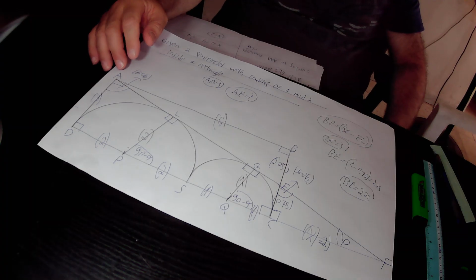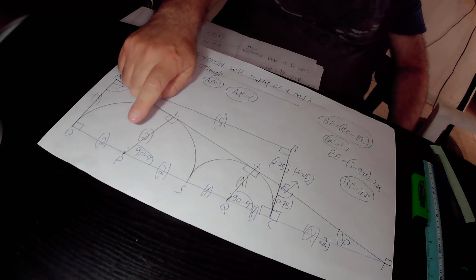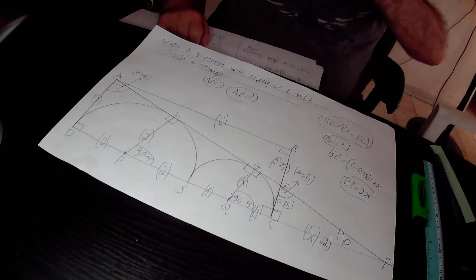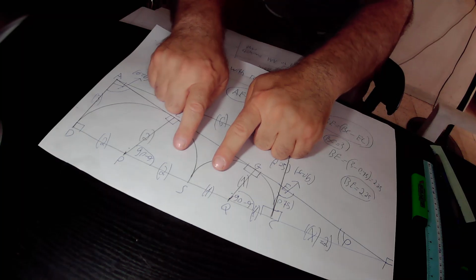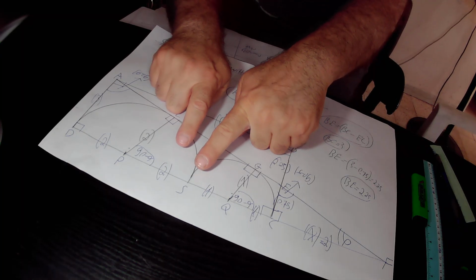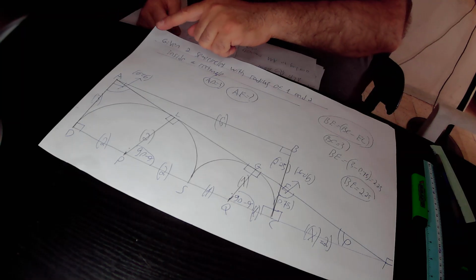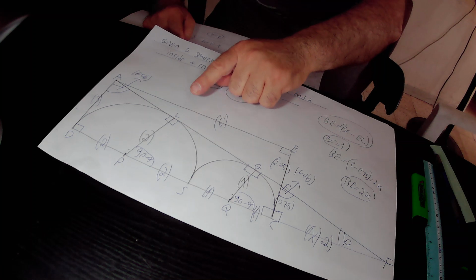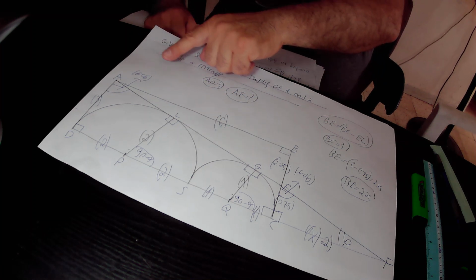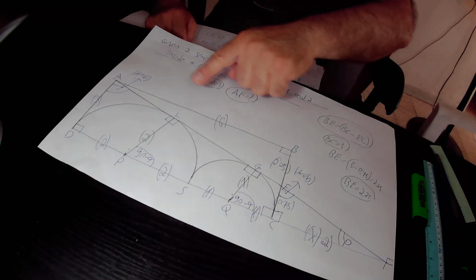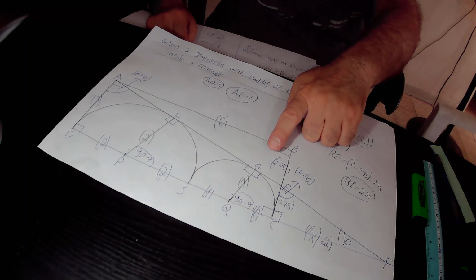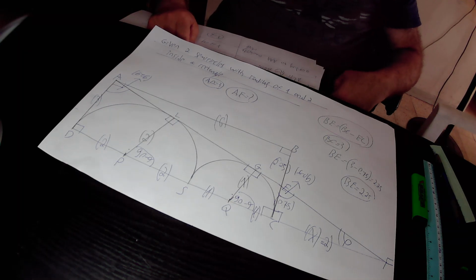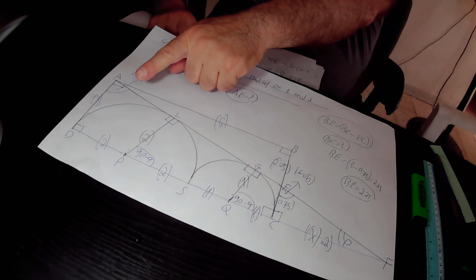We defined the center of this big semicircle as point P. We defined the center of this small semicircle as point Q. We defined the touching point of those two semicircles as point S. We defined the point of tangency of tangent AE with this big semicircle, this point is point A. And finally, we defined the point of tangency of tangent AE with this small semicircle, this point is point G.